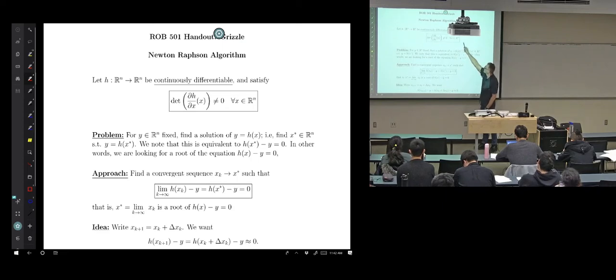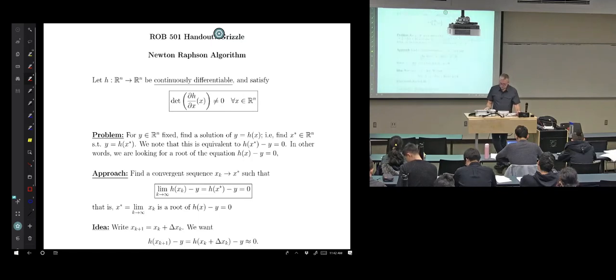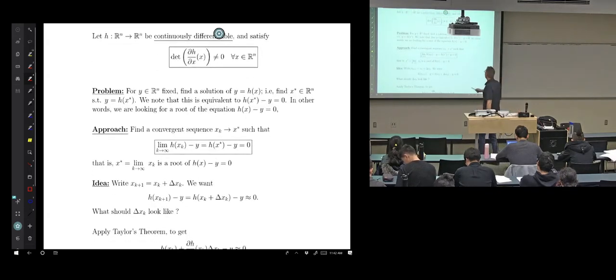It has a derivative that's continuous, and the determinant of that is non-zero, because I'm going to be inverting this Jacobian in a little bit. So that's our assumption. Our goal is to find a root. Not all roots, a root.